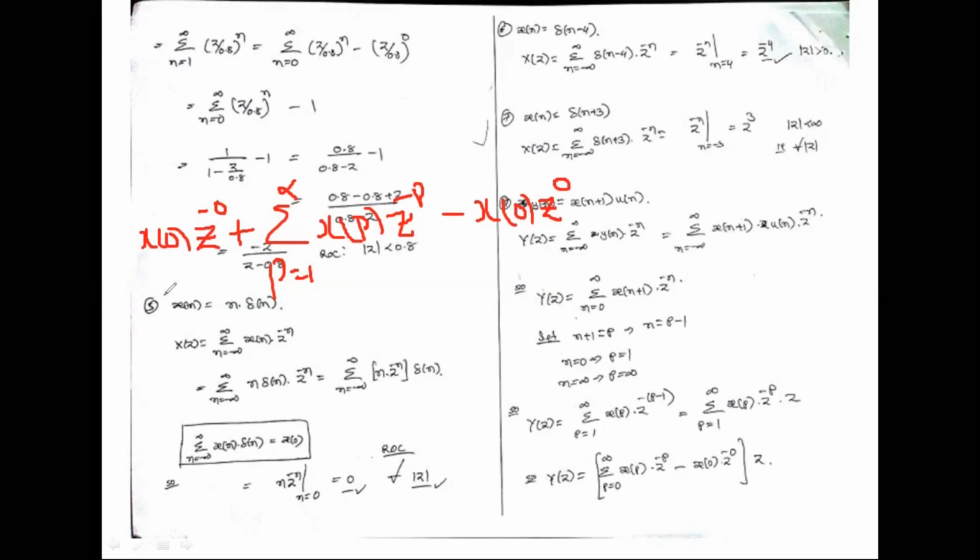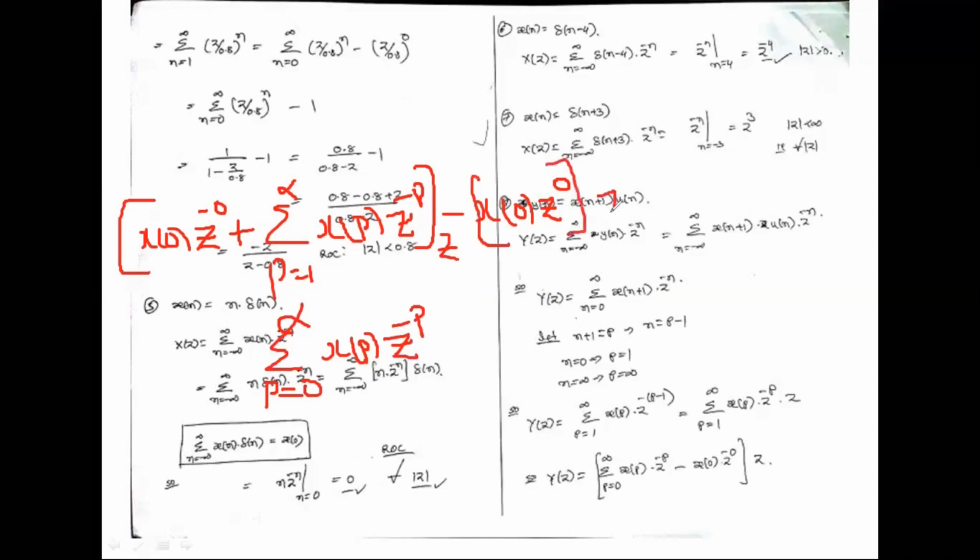Got it? So x of 0 z power minus 0 means that p is equal to 0, the function is the same. So I am rewriting this function as sum of p equal to 0 to infinity x of p z power minus p into z. That z is there: this function is multiplied with the z, and totally this function is also multiplied with the z.